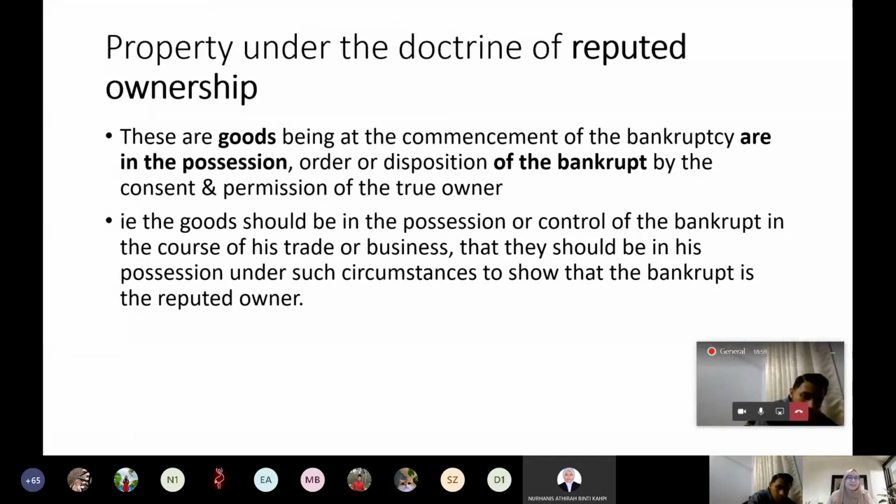Okay, so basically the goods here means the property, like goods under hire purchase, goods under lease, for example.